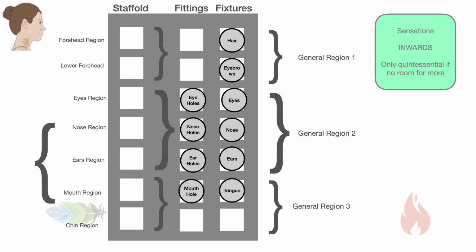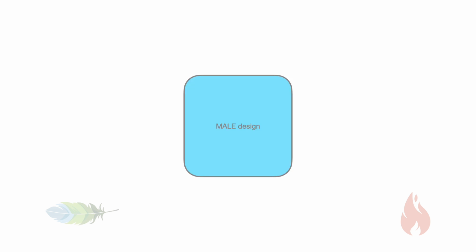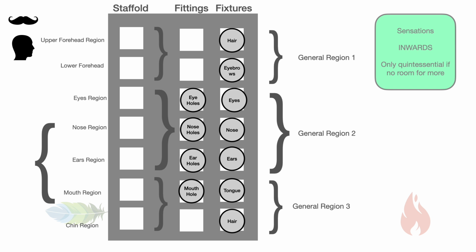We've got hair, eyebrows, eyes, nose, ears, and tongue. And that is it. Now for the male design, for sensory inwards, there's room on that scaffold for chin hair or a mustache or a beard, but it would be in the general region 3, so the mouth and the chin region.